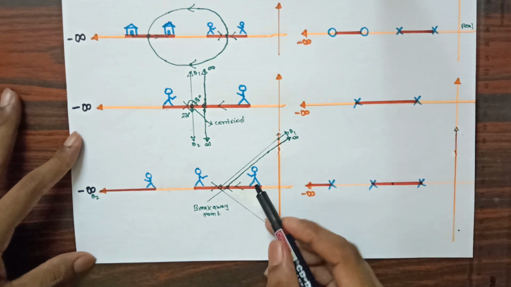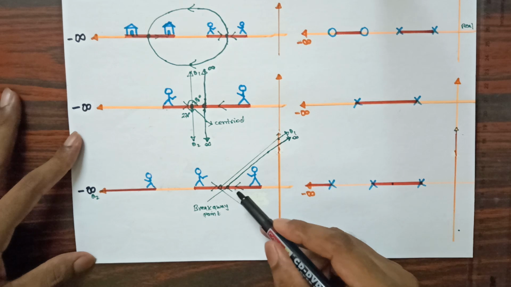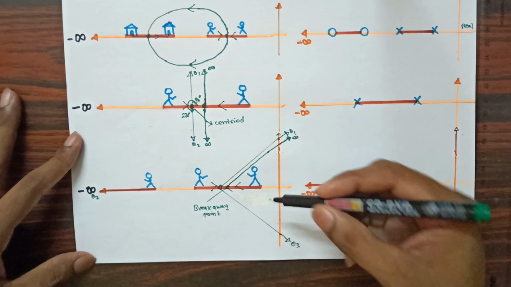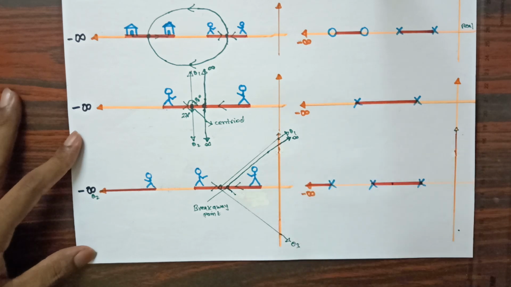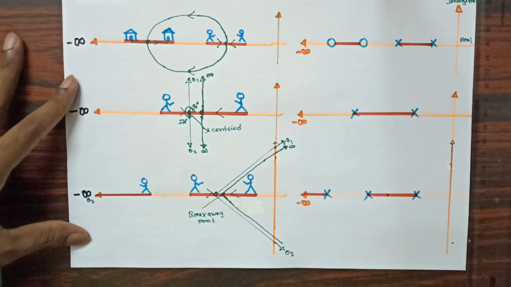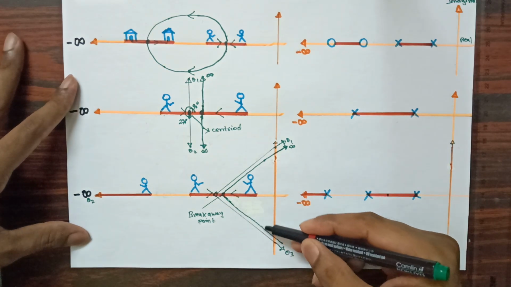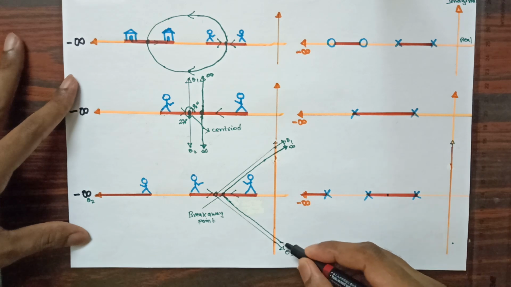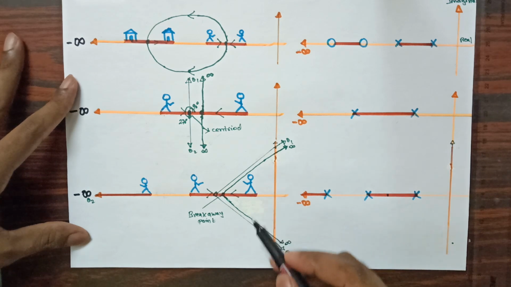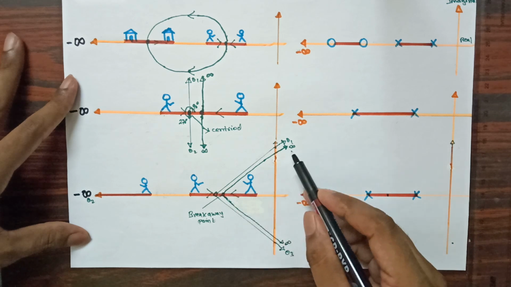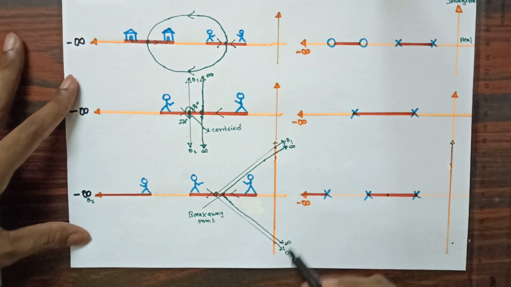The same way, as I said, root locus is symmetrical. Here this person is also going to follow the same way, the 300 degree angle, and reaches the infinite path. In this way, both persons have reached their infinite destination with respect to this angle.